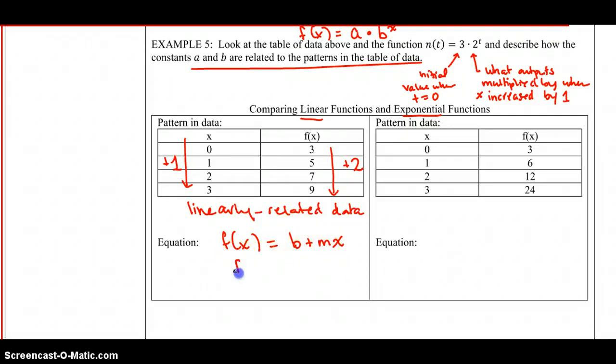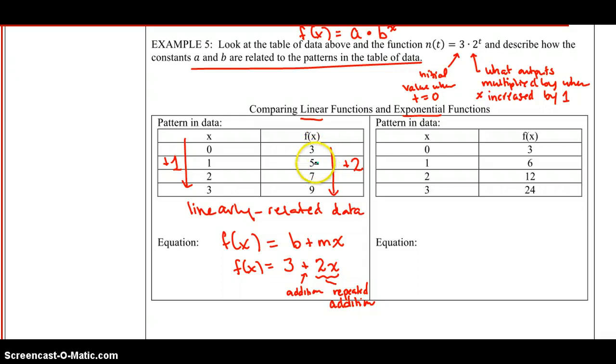So in this case, our initial starting point was 3, and then we kept going up by 2 for every unit increase in x. Here we've got addition, because we kept adding on 2. And here, this is multiplication, but we use that multiplication to represent the repeated addition.